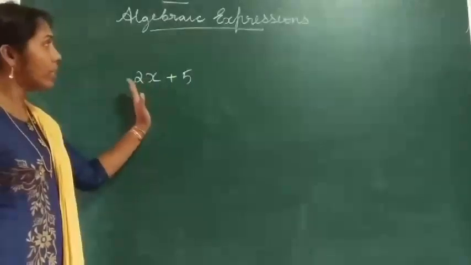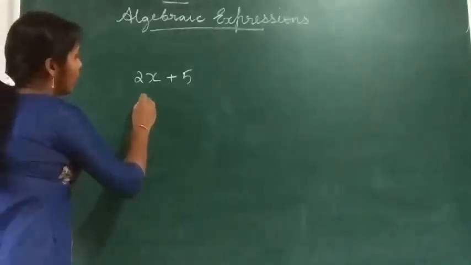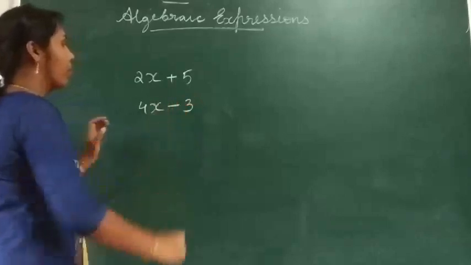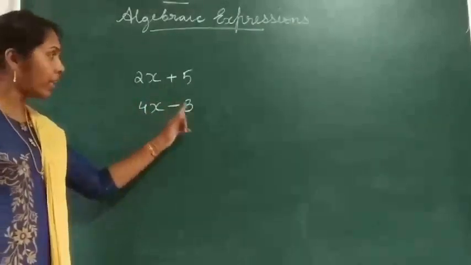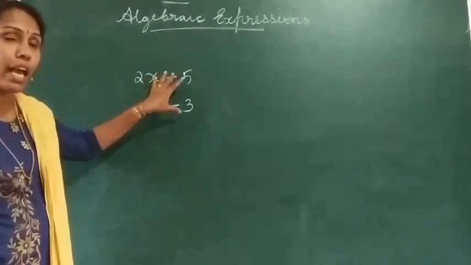And now another one, 4x minus 3. Here x is multiplied by 4 and then 3 is subtracted from the product.